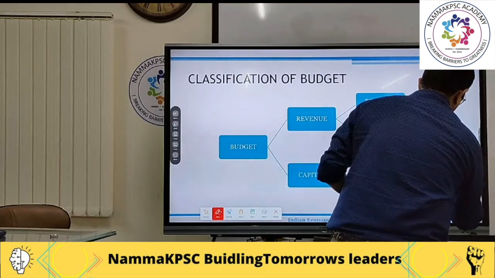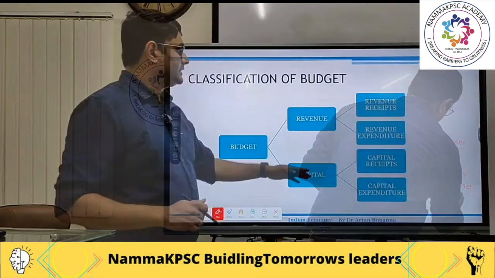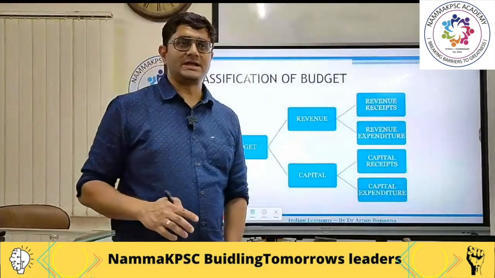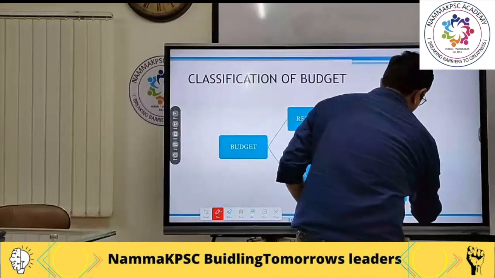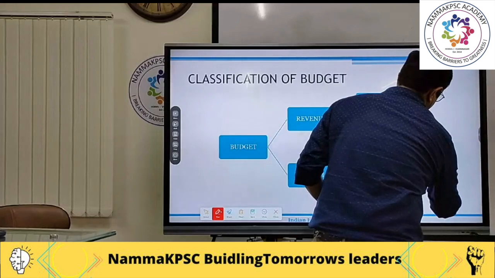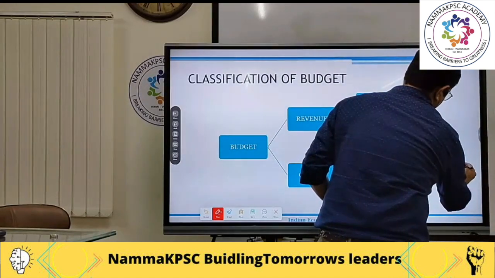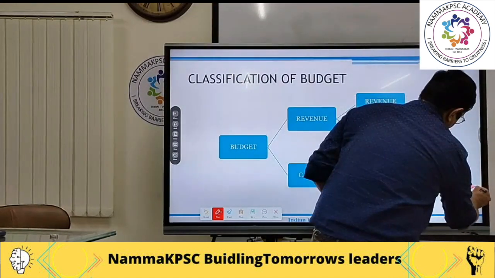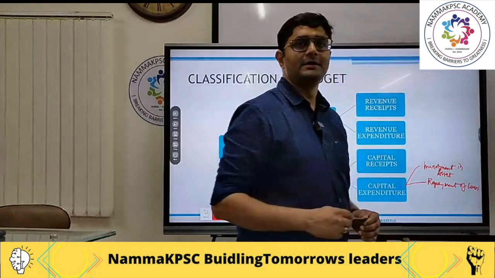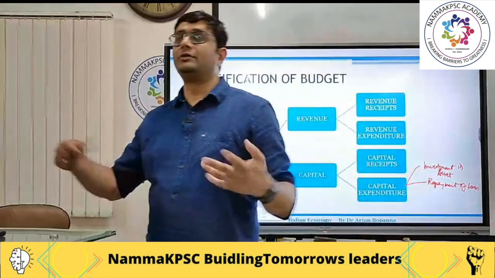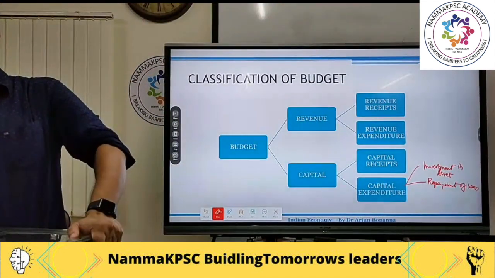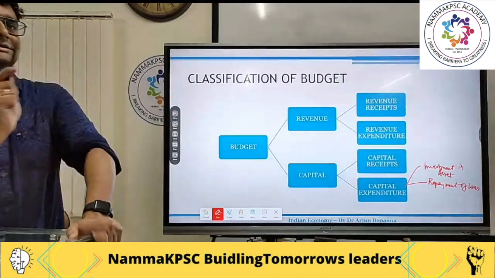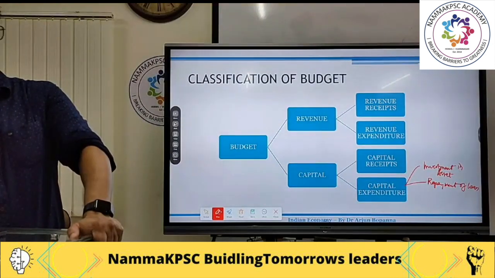So when we sell assets, for example disinvestment, that is a non-debt capital receipt. Capital expenditure is that which creates assets or reduces liability. So here, investment in assets and repayment of loans. We have borrowed money and are now repaying that loan, so it is reducing liability; because of that, it is capital expenditure.